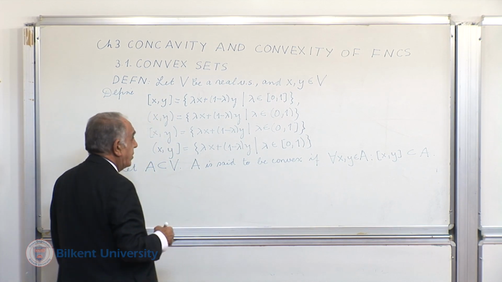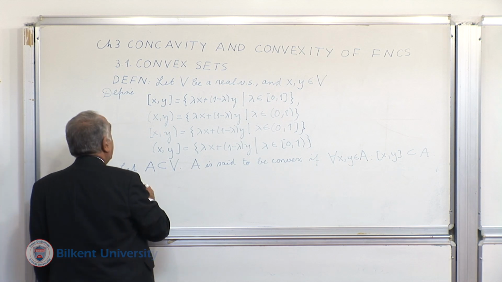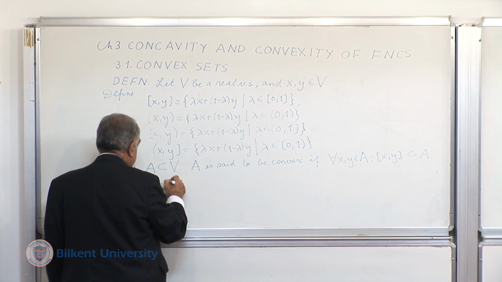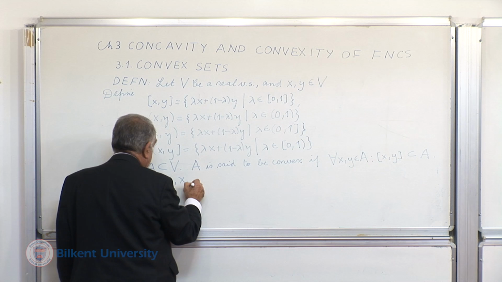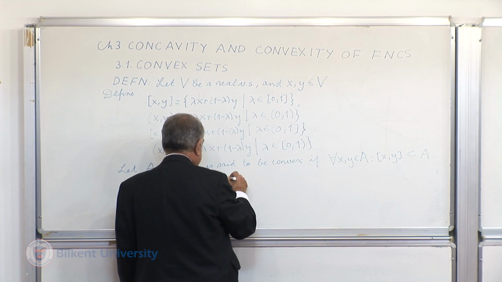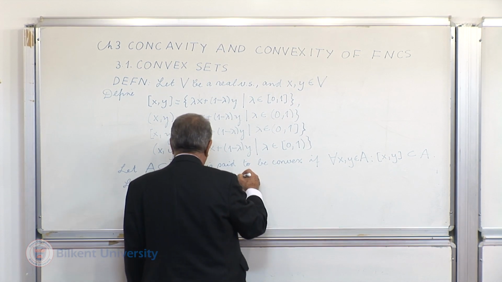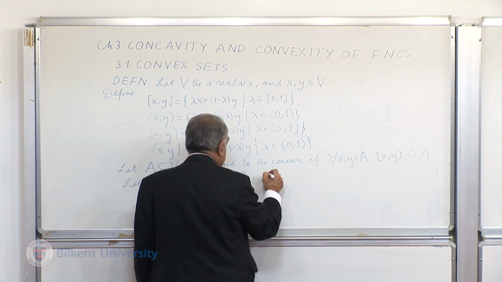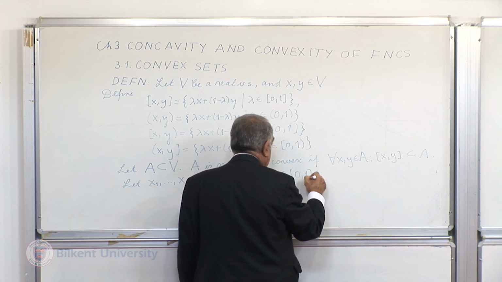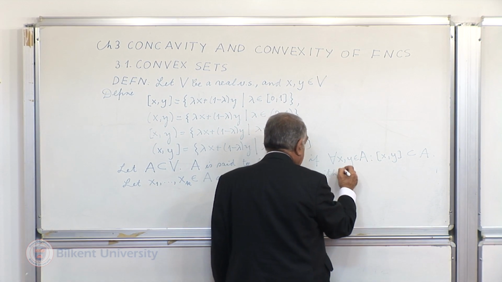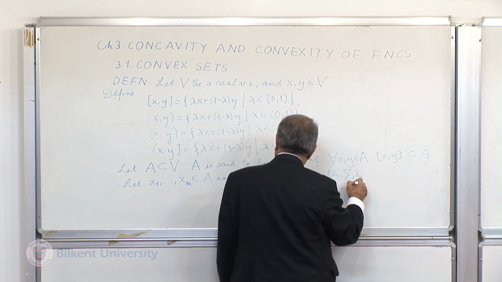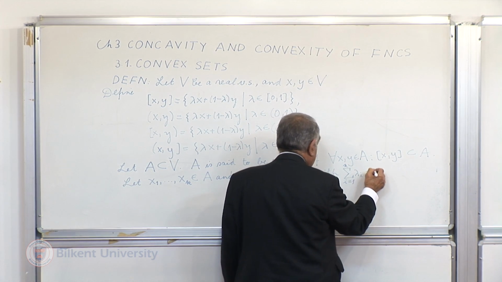Next, let x1 up to xk be points in A, and lambda 1, up to lambda k points in the unit interval with their sum, i from 1 to k, being equal to 1.